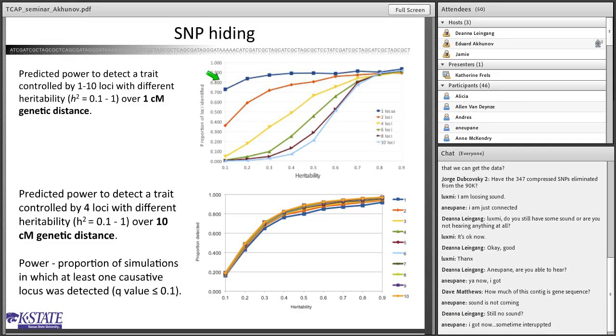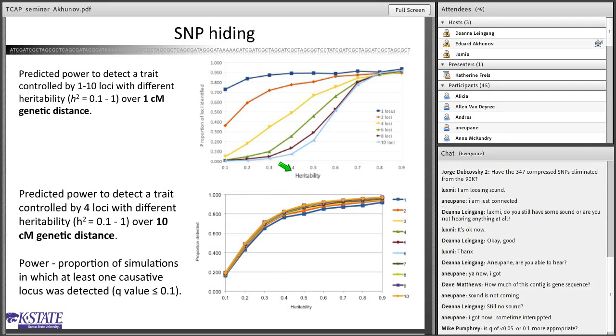However, when the phenotypic trait is controlled by multiple loci, like for example 6 loci, you may see that you have high power to find a marker within 1 centimorgan only for the traits that have quite a high heritability level, and in this case it would be about 0.7.